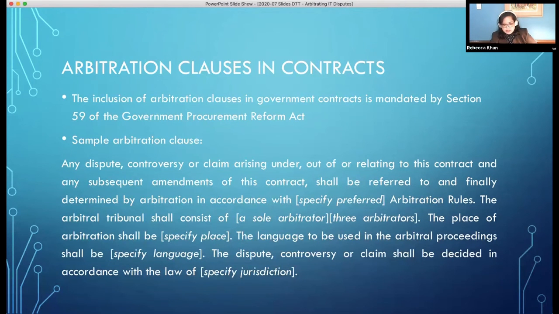The language to be used in arbitral proceedings: if parties are in different countries, they can choose to specify English, both their languages, or another language. And the dispute, controversy, or claim shall be decided in accordance with the law of. So that's the substantive law. You have the seat of arbitration, which determines the law of arbitration, and then you have the substantive law, which is the contract.